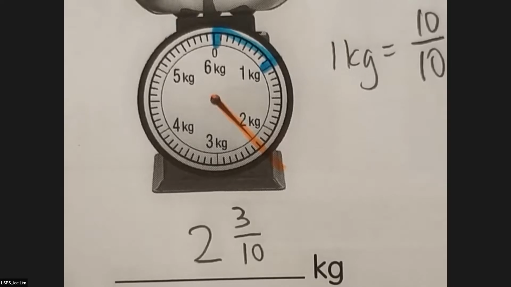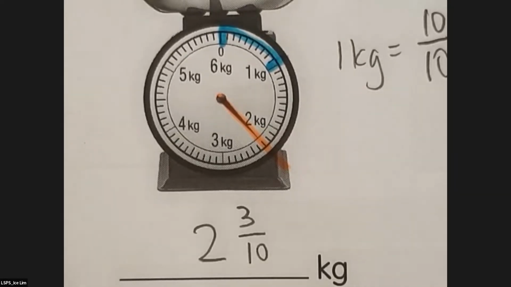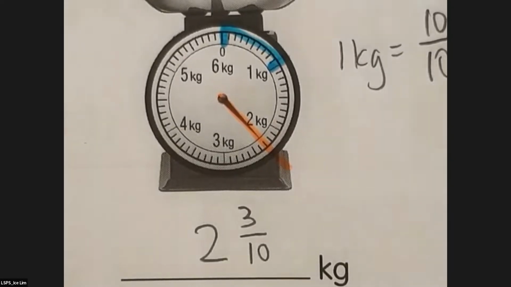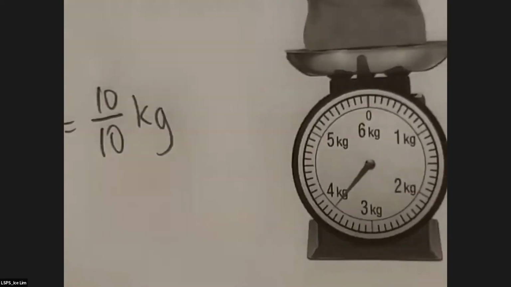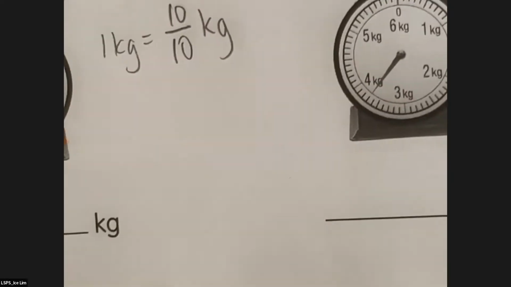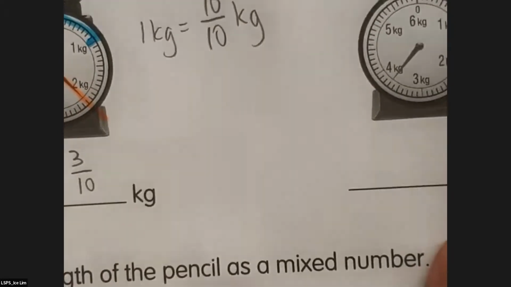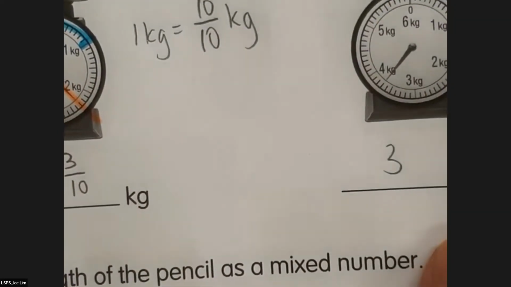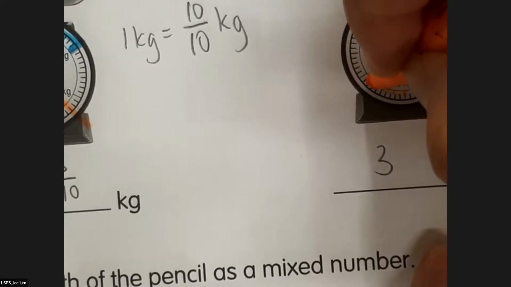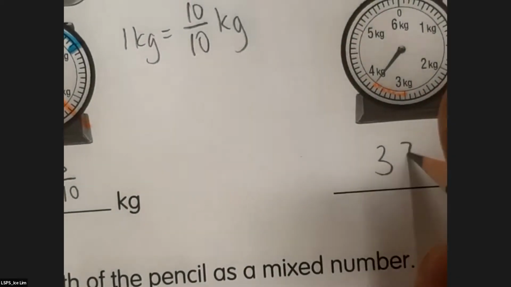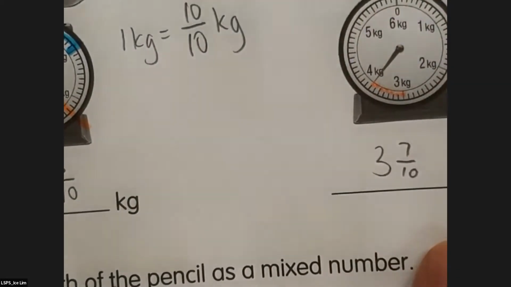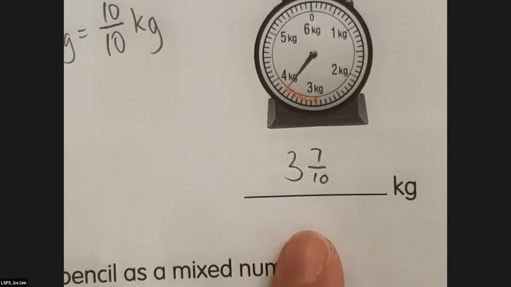Is this okay? How about this one? So count the spaces. 1, 2, 3, 4, 5, 6, 7. 7 out of 10 spaces in terms of kilograms. Is that okay?